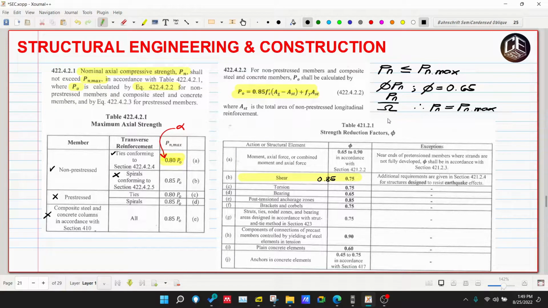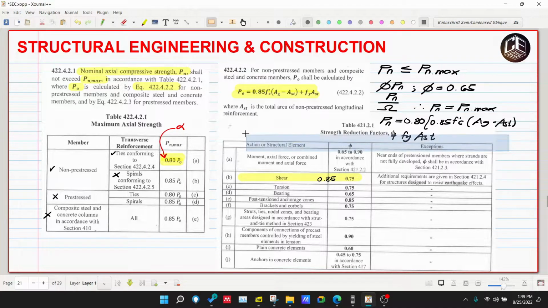Kaya, yung magiging equation natin sa Pn is equivalent to Pn max, which is equivalent to 0.80 multiplied by Po, which is equivalent dito, 0.85 f'c multiplied by (Ag minus Ast) plus fy Ast.